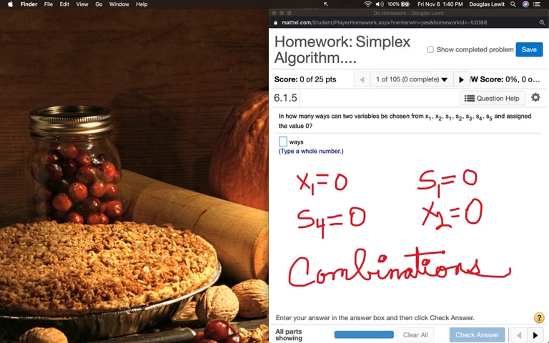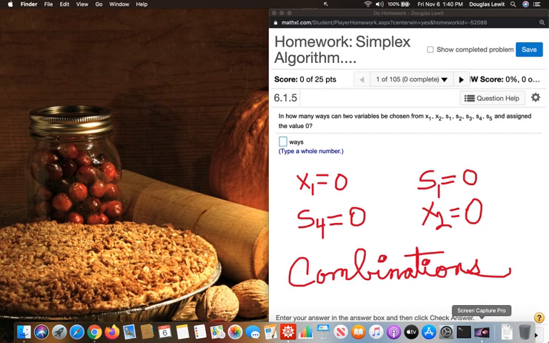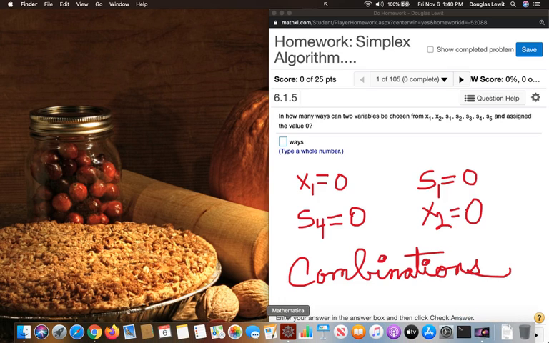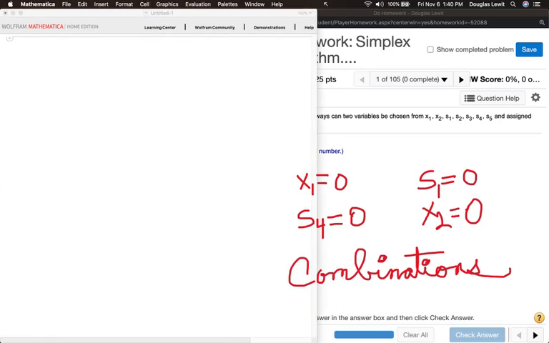Well, it should be pretty easy. I've got Mathematica right here. I'm looking at the number of variables: 1, 2, 3, 4, 5, 6, 7.